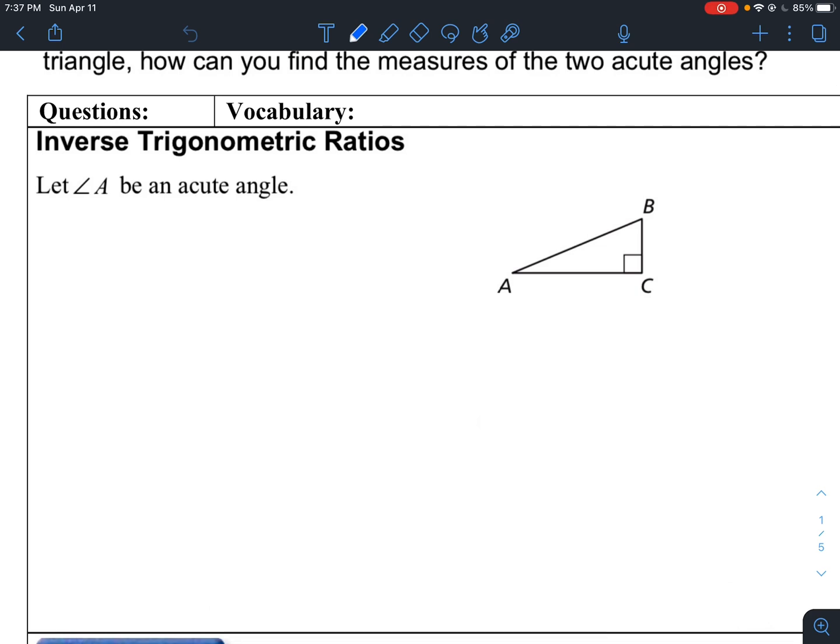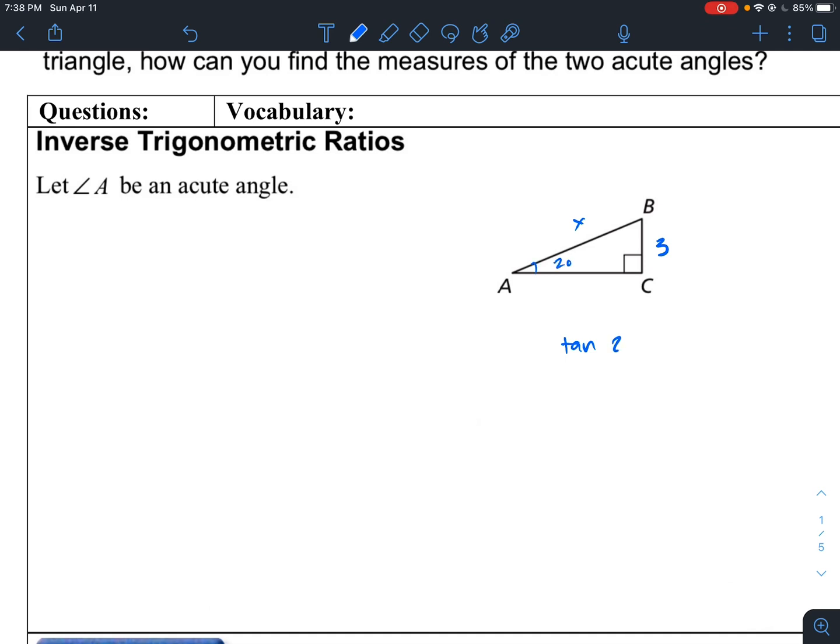So, in the last couple sections, we found a lot of different ways of finding side lengths. If you guys remember, we had examples on our test and throughout the unit where, given an angle A and some of these other angles, we could find missing side lengths of a right triangle. So, for instance, if we had this one as 3 and this is x, we could do tangent of angle A, we'll just say is 20.